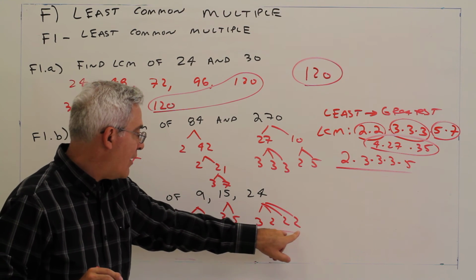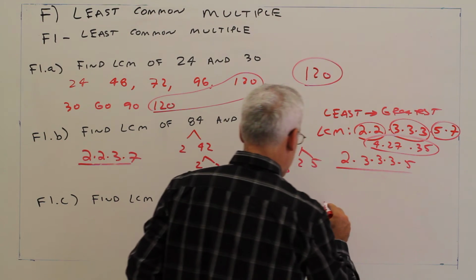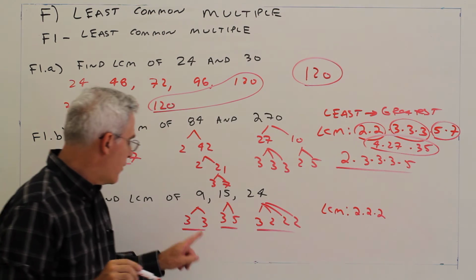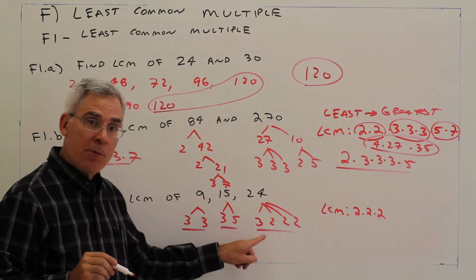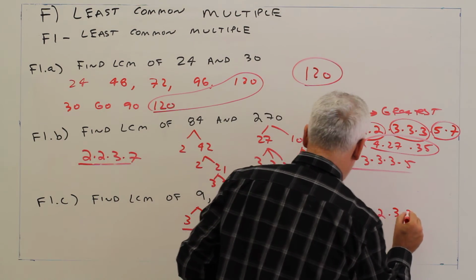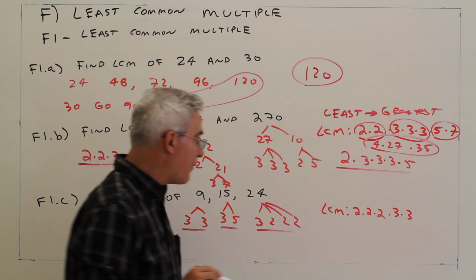So I've got 3 2s, no 2s, no 2s, report 3 2s. 2 3s, 1 3, 1 3, report 2 3s. 1 5, no 5s, no 5s, report 1 5.